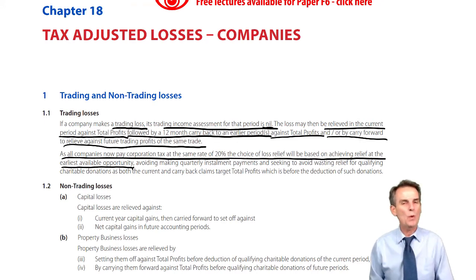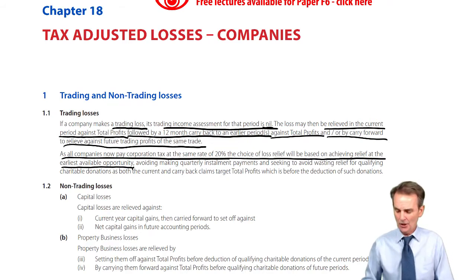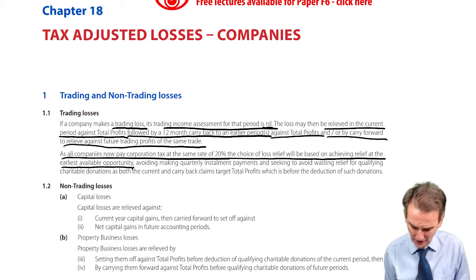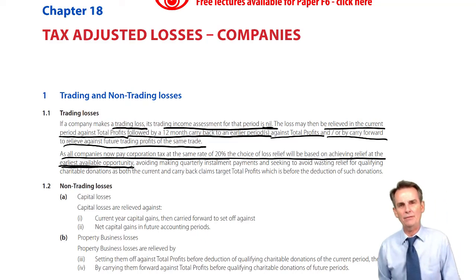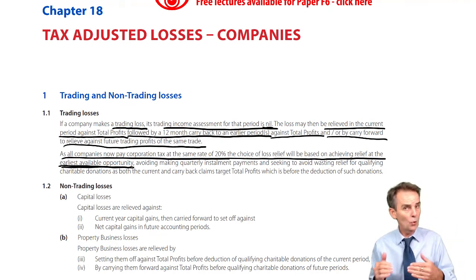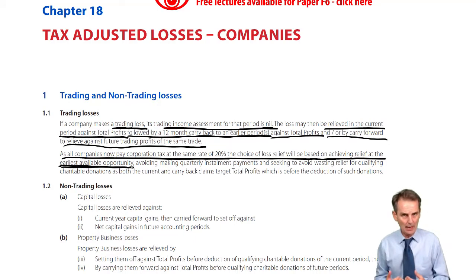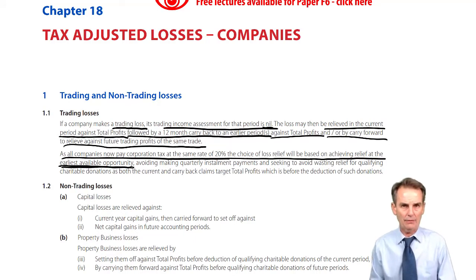But remember, we have a problem in corporate tax. In corporate tax, you cannot carry back unless you have firstly relieved in the current period. So in order to follow that idea of giving earliest available relief, the order in which the losses would have to be applied would be current period, carry back, and then carry forward.